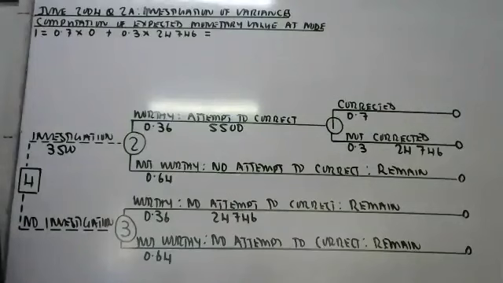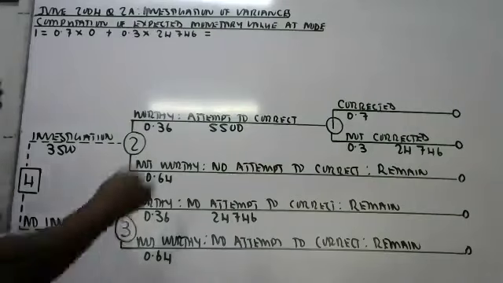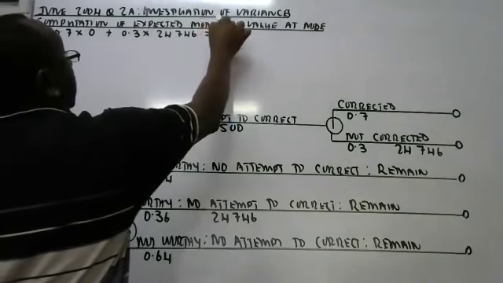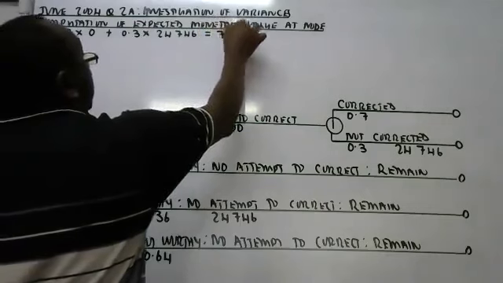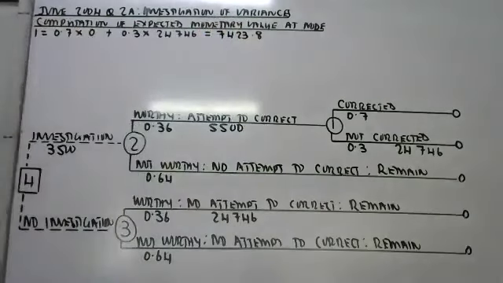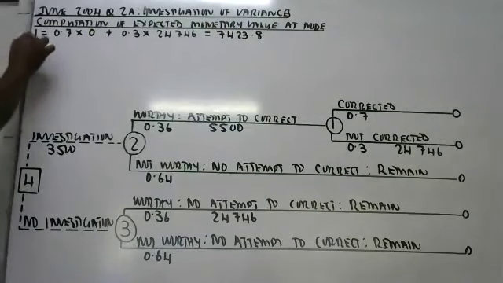That gives 7423.8. Okay. Let us go to node number 2.